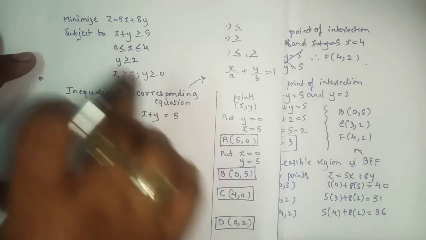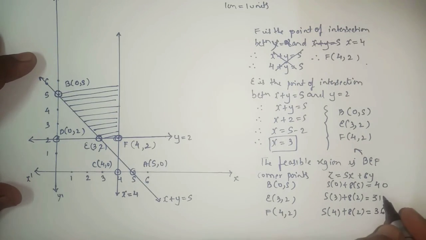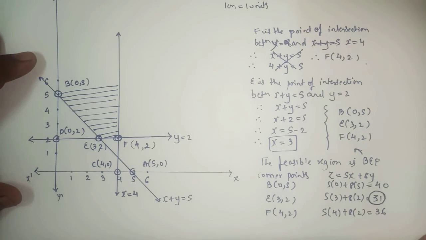But we have to find the minimized z, that means the smaller value. So clearly we can see that 31 is the minimum value, at E (3, 2).